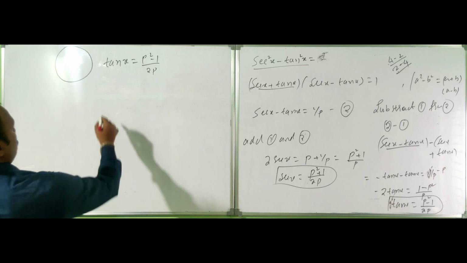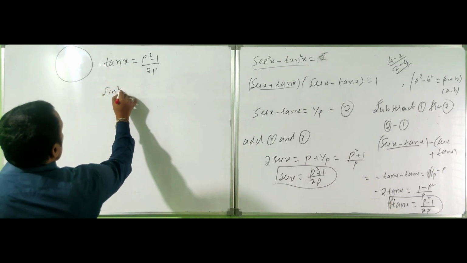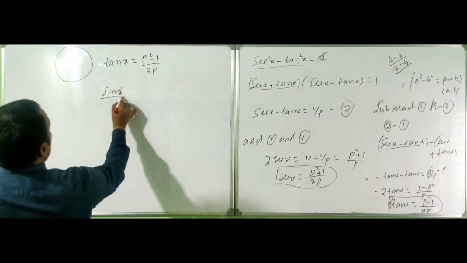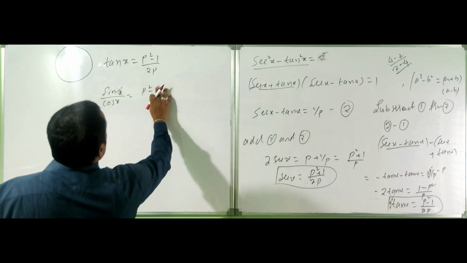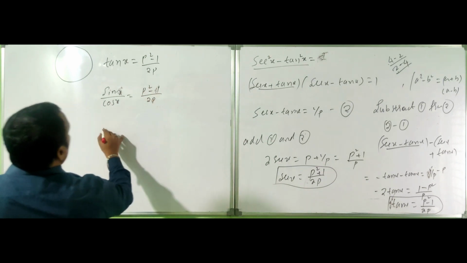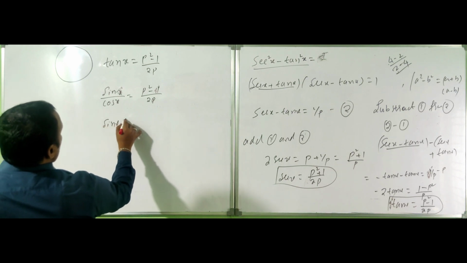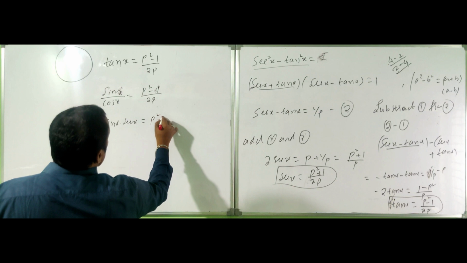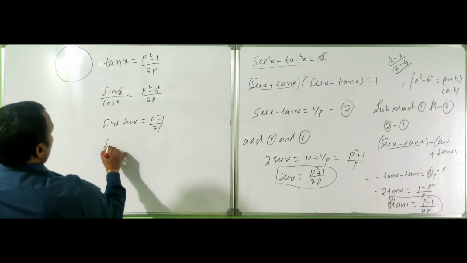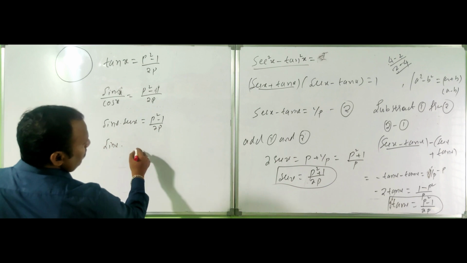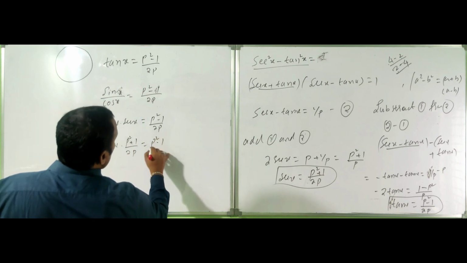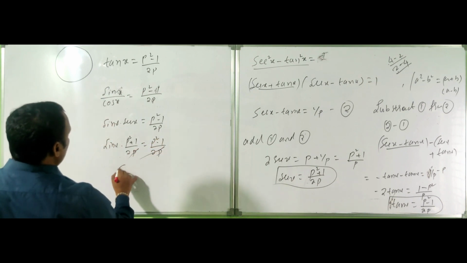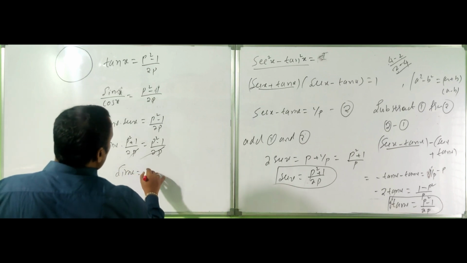So sin x divided by cos x is equal to p square minus 1 by 2p. This is equal to sin x into sec x equals p square minus 1 by 2p. Sin x into p square plus 1 divided by 2p is equal to p square minus 1 divided by 2p, that cancels. Sin x is equal to p square minus 1 divided by p square plus 1.